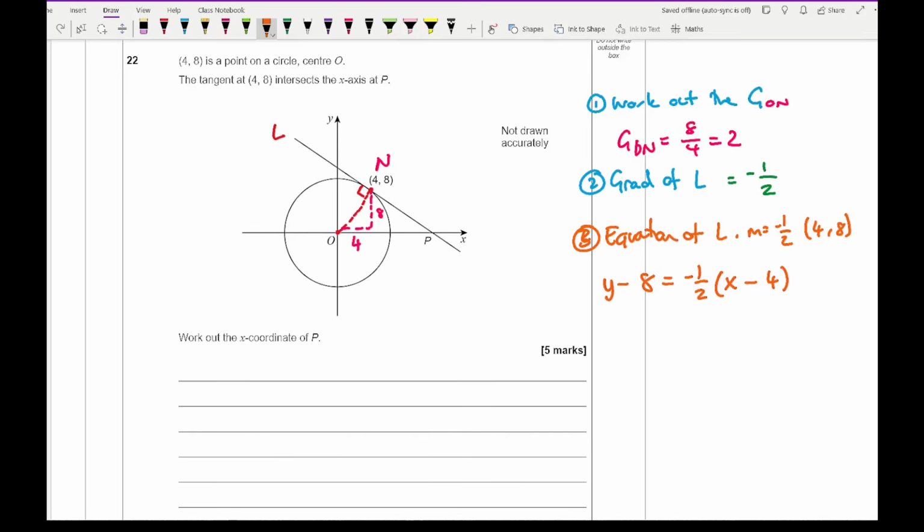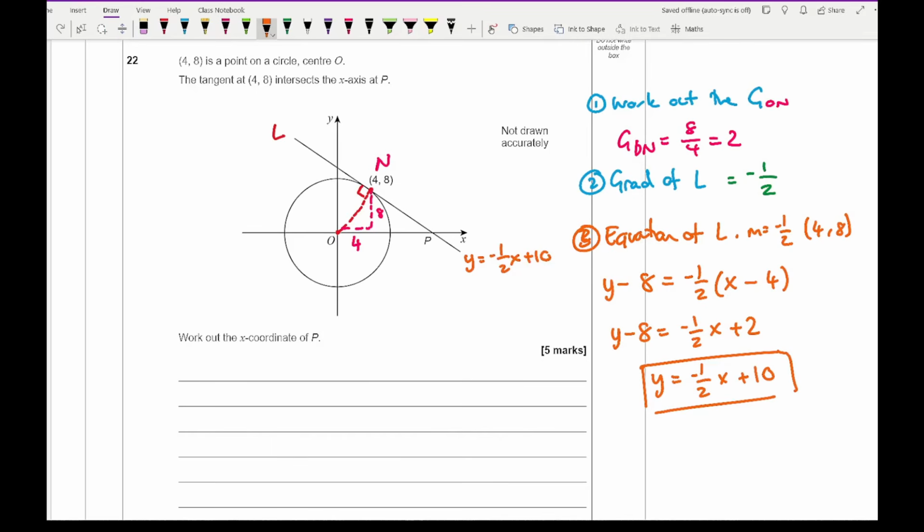So simplifying this, we get y minus 8 equals minus a half x plus 2. So I get y equals minus a half x, take the 8 over, and I get y equals minus a half x plus 10. So that's the equation of this line.